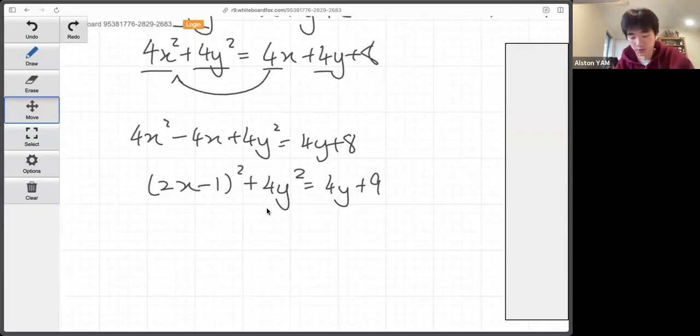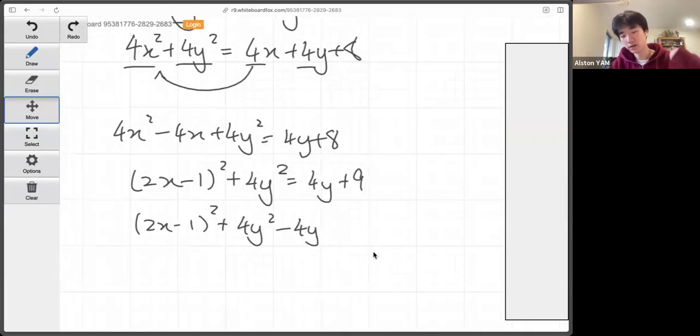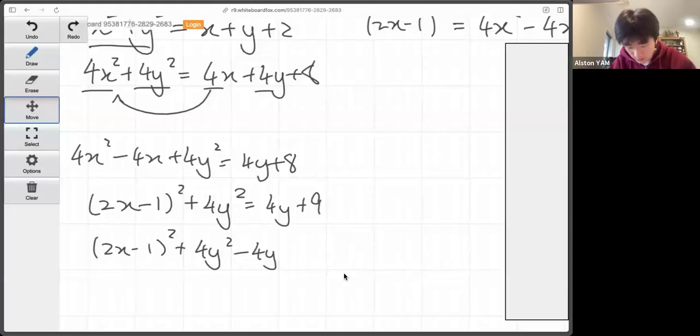So here's the interesting thing. I can move the 4y over, but I can also think about it another way. That's the interesting thing about squares, because if you square a negative number, it also gets you back to the positive number. So I can also do it like this. If I have (2x minus 1) squared, that's just the previous part.